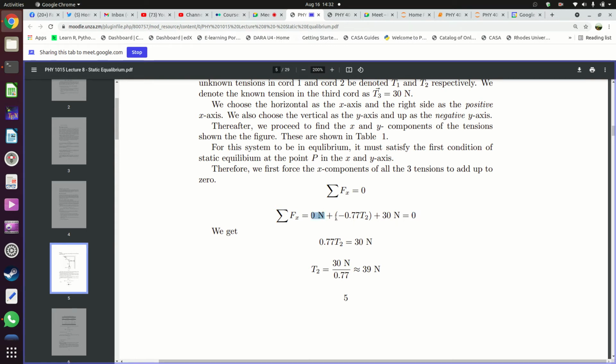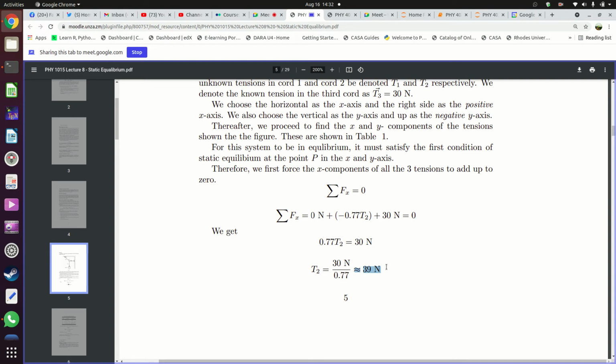You add 0 to anything and you get the same thing. Then we take this bit to the other side, so we end up with 0.77 T2 equals 30 newtons. Then you divide 30 by 0.77, and you end up with T2 equals approximately 39 newtons.